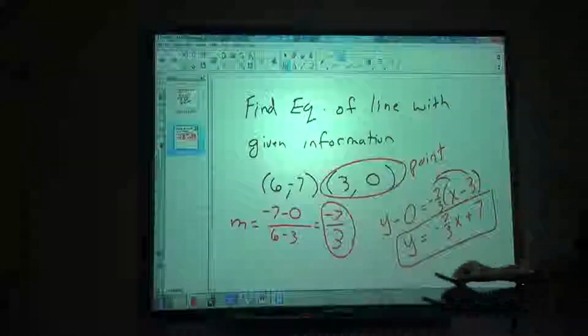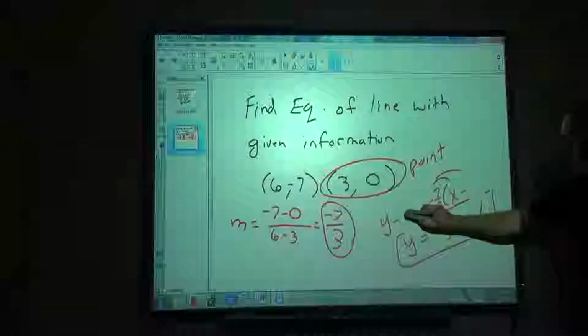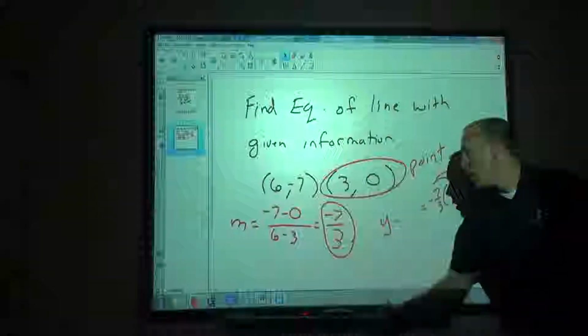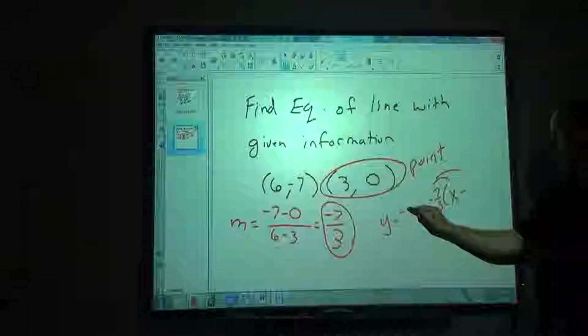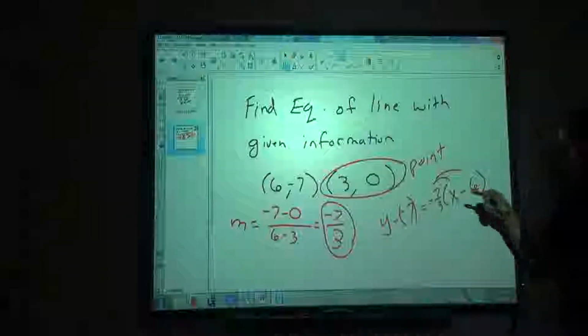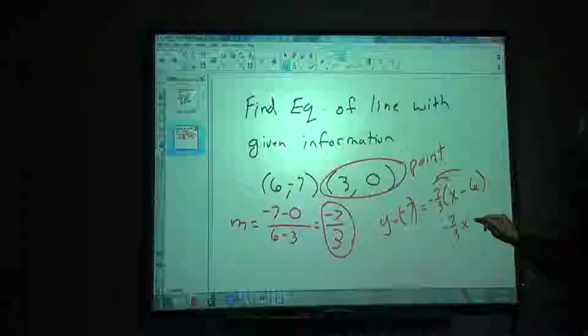I'll do the other coordinate here, so if you want to do the other coordinate, we could do it that way. So instead of a 3 and a 0, I'm going to do -7 here and a 6 here. So again, it'd be -7/3 x. Negative make a plus.